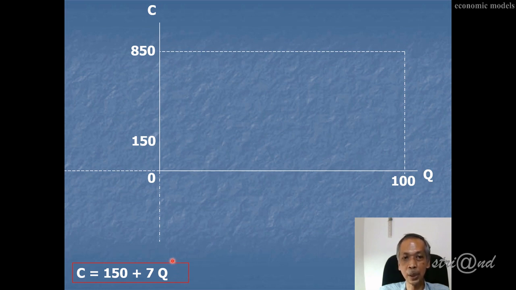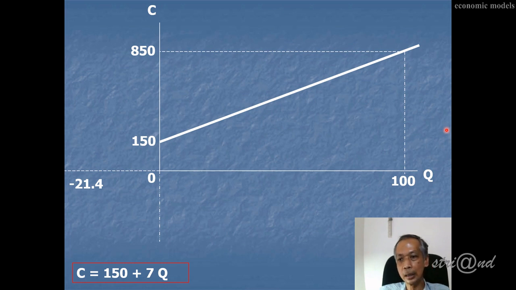So from the previous slide we know that it will create a linear function, and the shape of the line is a straight line. So finding 2 points is just enough to draw a straight line. What we need to do next is only connect these points from this one to this one. So this is the curve. This is C equals 150 plus 7Q.